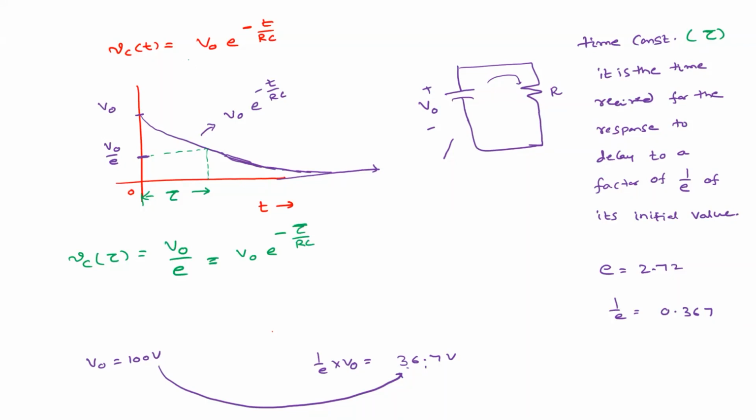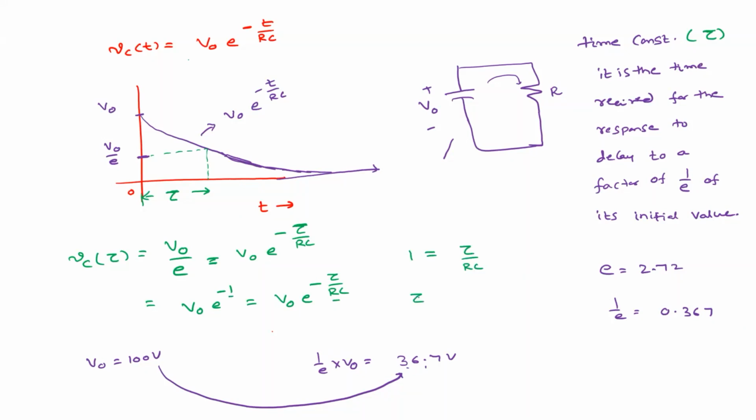All right. So now if we equate these two, V naught e to the power of minus 1 is equal to V naught e to the power of minus tau by RC. If we equate this term and this term, that means 1 equals tau by RC, right? Agree? Okay.